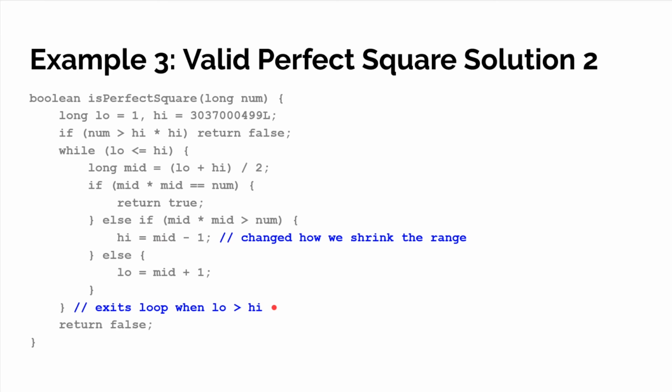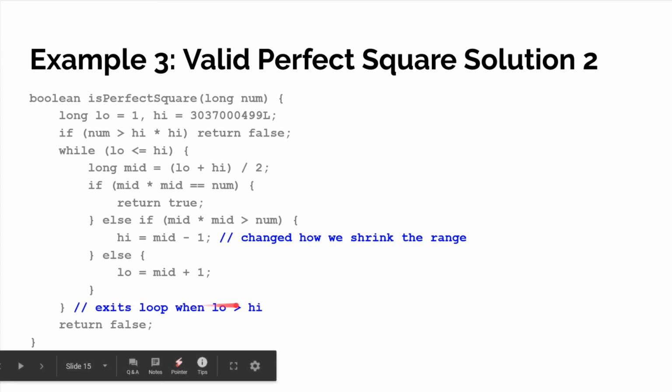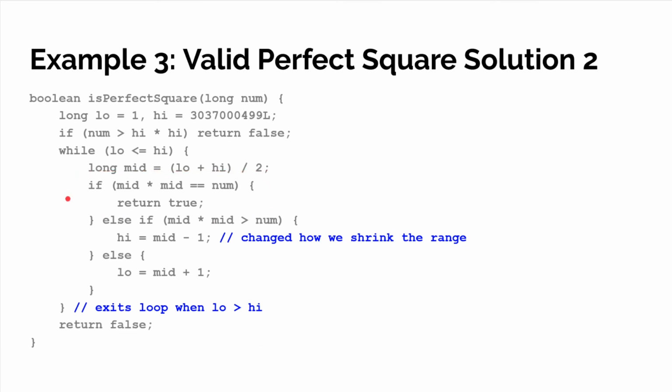So this is really a slight difference in the way that we check these numbers. And this finally exits the loop when low is greater than high. So when low is greater than high, the range is broken, so we just return false. We know that there is no number in here. We are guaranteed that if the number was within the range, then we would have encountered this part, sometime in the middle there, and we would have returned true.